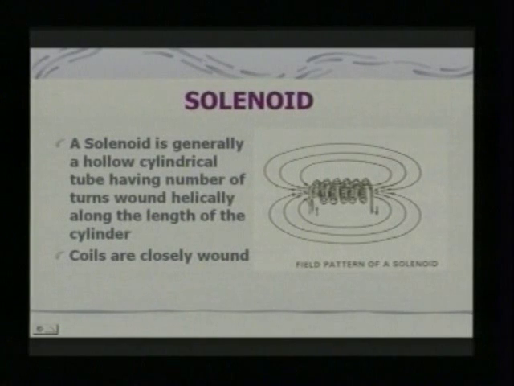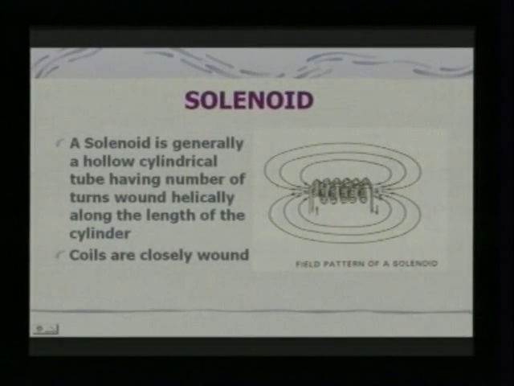Now we can see the field pattern of solenoid from the figure shown. Here the direction of field is always from north pole to south pole, and both ends form north pole and south pole of the solenoid.